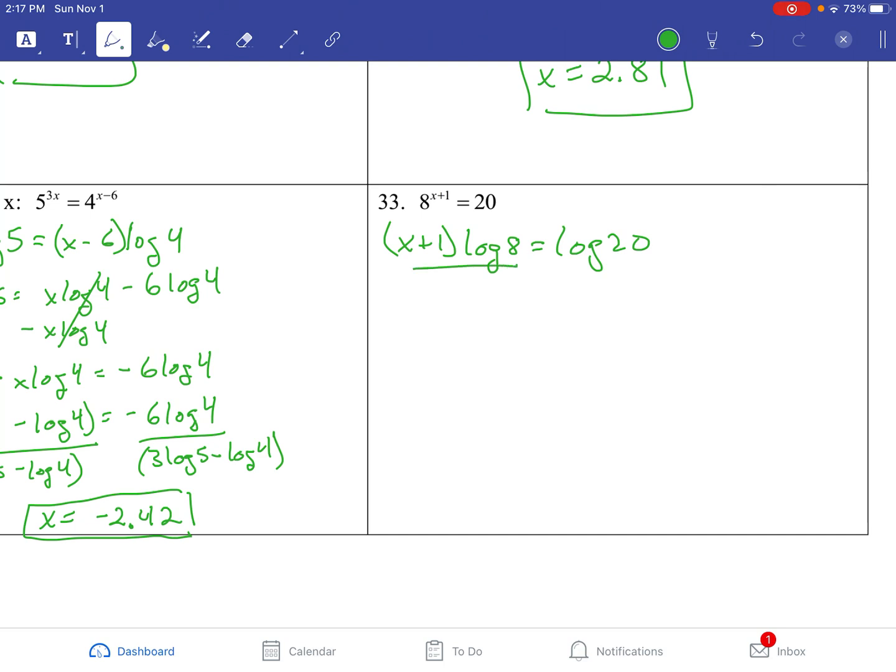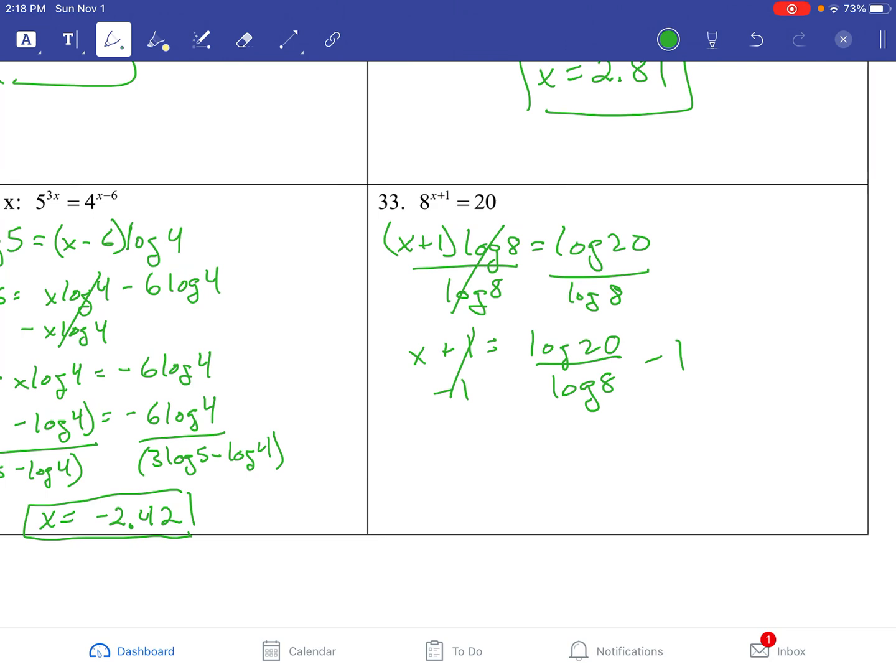Since you're multiplying log of 8 times x plus 1, you can just divide by log of 8 right away because it is being multiplied. Then you have x plus 1 equals log of 20 divided by log of 8. You could subtract the 1. It's very important, again, how you do this.